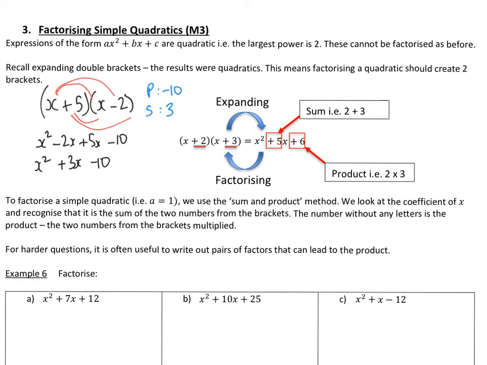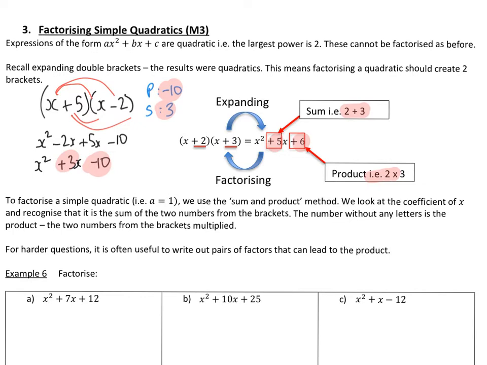And what we can see is that the product of minus 10 is the number term, as it was in the original one, and that the sum of 3 is the same as the sum in the previous example, which was 5. So this is a simple fact that's true for all quadratics of the form 1x squared.